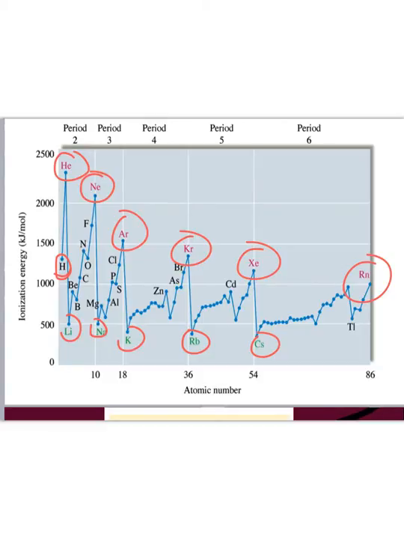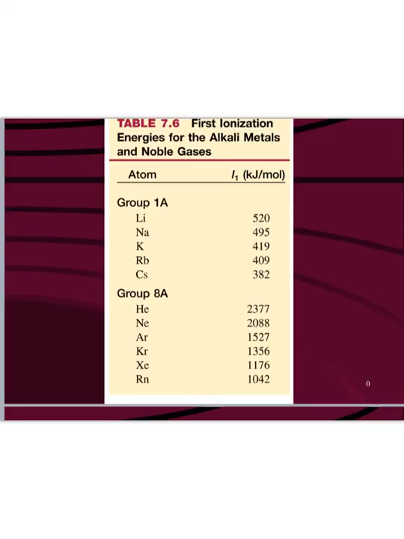So those are the ones that are going to be the easiest to remove electrons from. They are larger in size, right? Which means the nuclear charge is weaker, therefore much easier to remove an electron. And plus, your alkali metals, they want to lose an electron, okay, to be more stable like a noble gas.